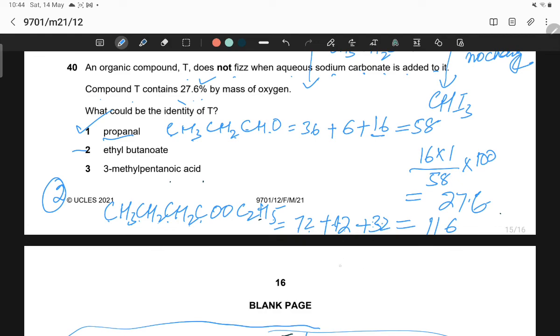So oxygen is 32 divided by 116 times 100, which is also equal to 27.6%. So this is also a correct option.